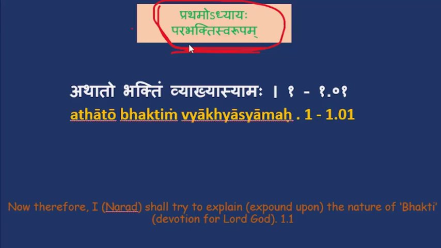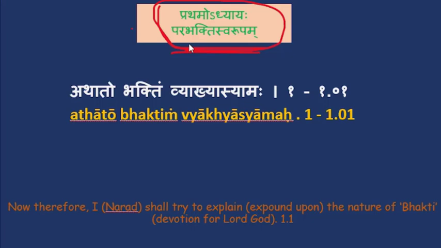Para means which is superior. Param. Param means which can give the Paranam. Paranam means avataranam, which helps to cross from this to that. Paranam, from this samsara to that samsara.